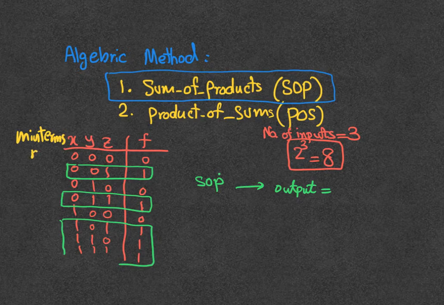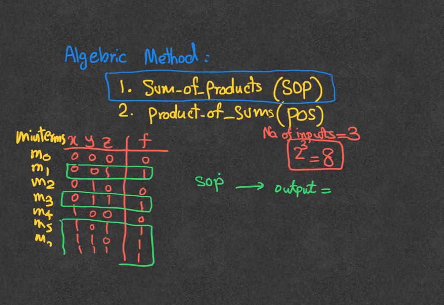So the first one is M0, M1, M2, M3, M4, M5, M6, and M7. So these are minterms. So for SOP, you use these minterms.